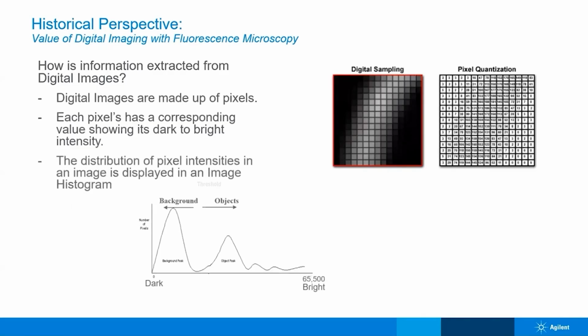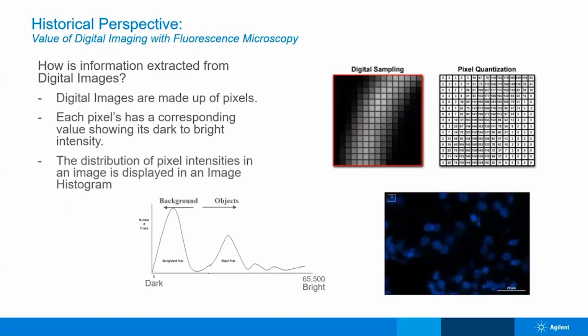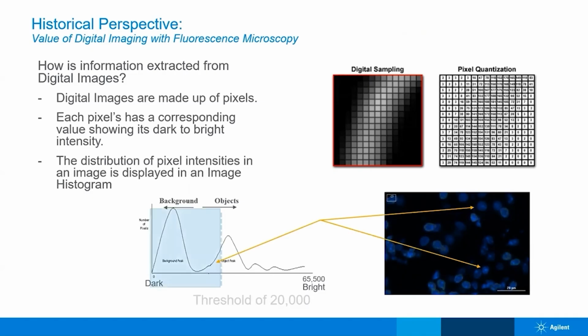All of those pixels together can be displayed as an image histogram. Fluorescent images typically have an image histogram with a peak for the background, which is the black or dark background, and then a foreground, which are the objects of interest, which are brighter than the background. An algorithm can separate the foreground from the background by applying a threshold.